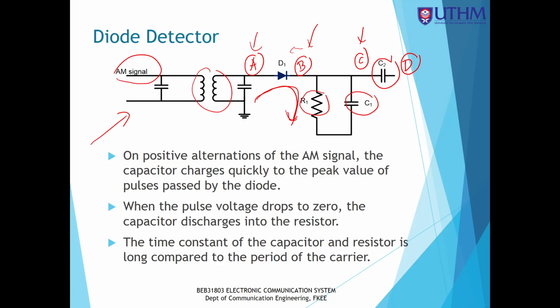So maybe I can draw so that you can have a better understanding. Let me draw a receiver block diagram like this. For example, this is the receiver. The diode detector is actually the end process of the receiver over here.